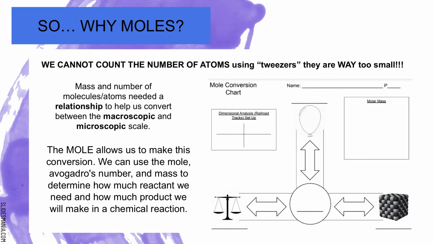The mole allows us to make this conversion. We have grams over here, and molecules or atoms over here, and we can use the mole, Avogadro's number, and mass to determine how much of the reactant we need and how much product we need to make in a chemical reaction.